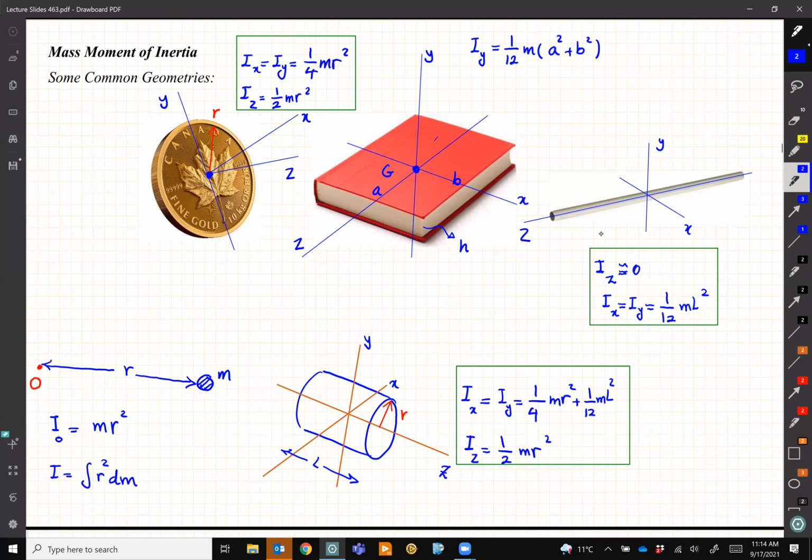Axis Y is normal to this side, which has the dimensions A and B. It's simply Iy is 1/12 m (A squared plus B squared). And if you need Iz, then simply it is 1/12 m (A squared plus H squared). And similarly for Ix.